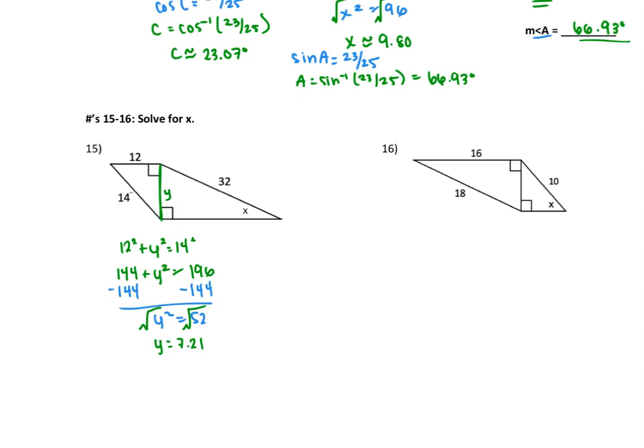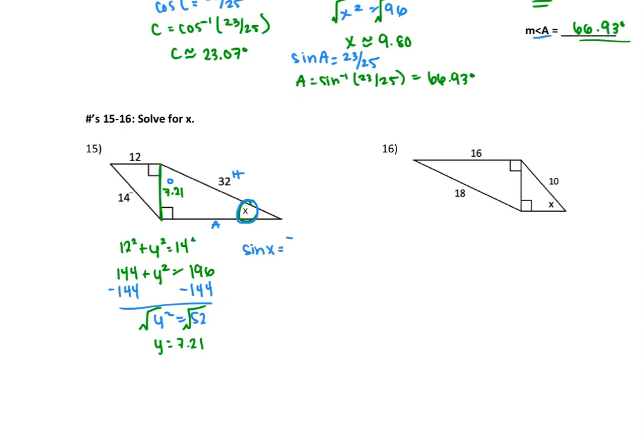So now I have this side, it's 7.21. And now I can use inverse trig to solve for my missing angle. So using x as my reference angle, 7.21 is my opposite, 32 is my hypotenuse, this bottom side is my adjacent. So since I have my O and H, I'm going to use sine.